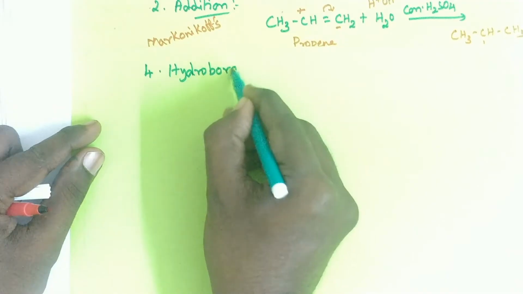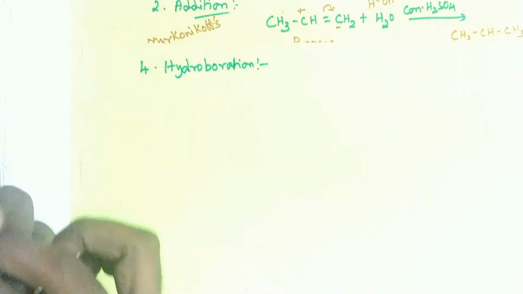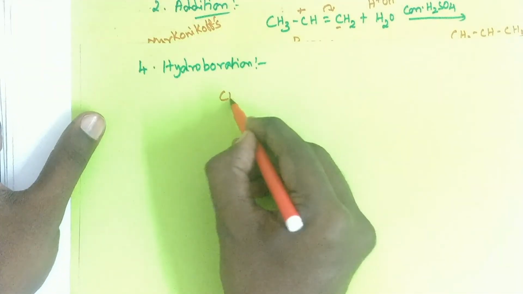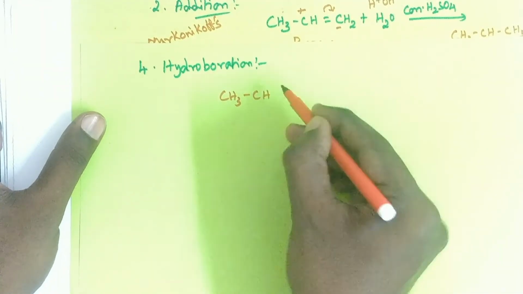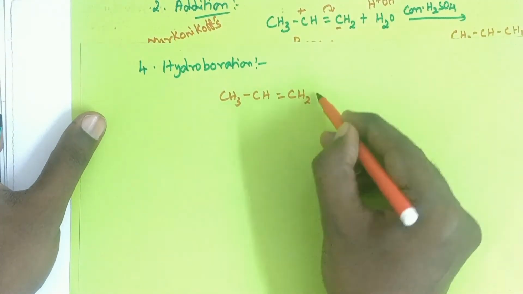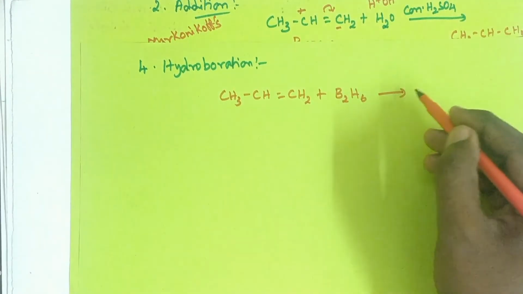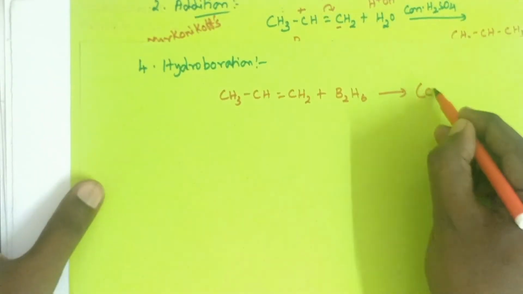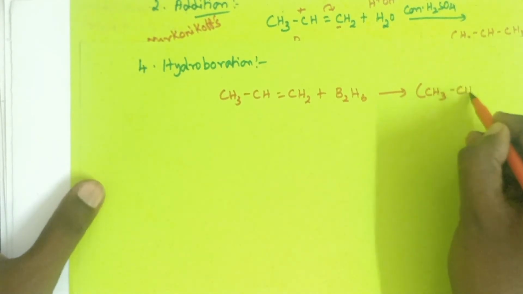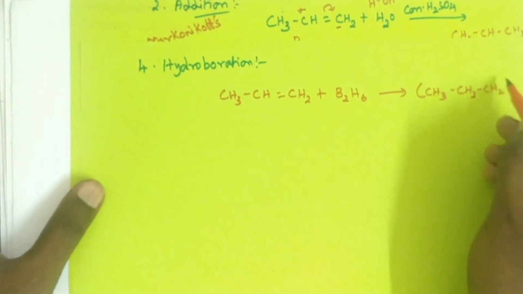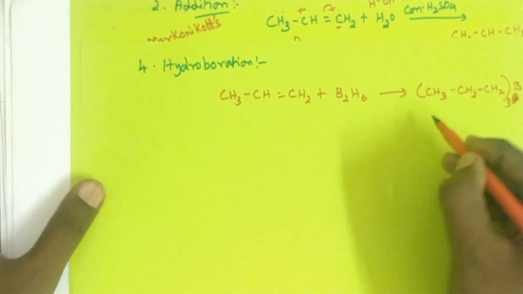The fourth one is the hydroboration reaction. In hydroboration, propylene on reaction with diborane, already studied in the B block, forms a trialkyl borane, CH3CH2CH2 thrice.